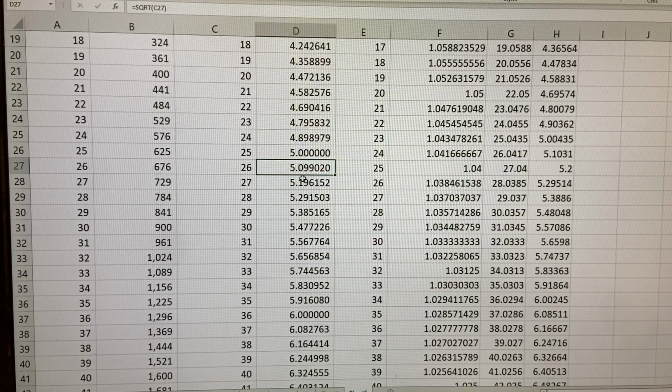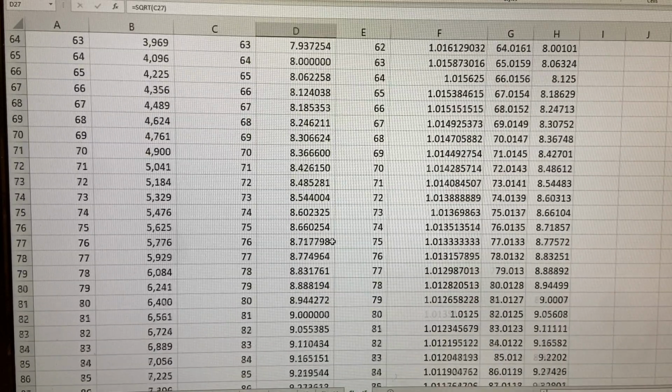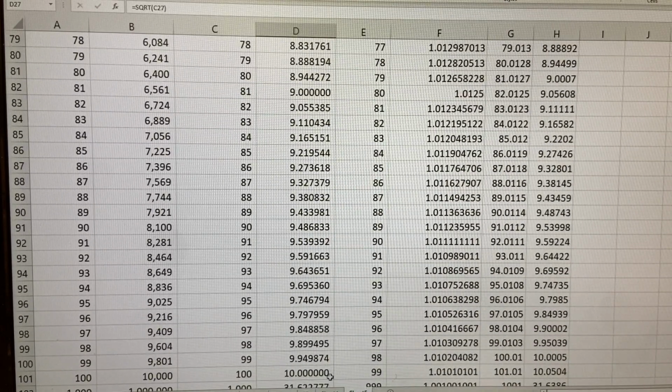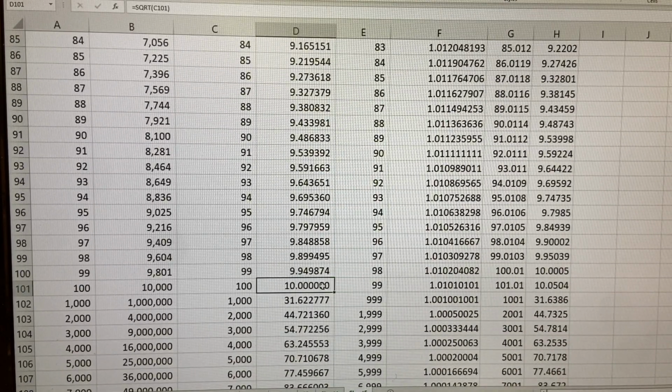We'll call it 5.1, okay, by the time I get down to element 26. And if I get down to say line 100, you can see that we have here standard deviation of 10 and we have here 10.05. So initially, I know I said Bessel's formula only makes a 1% difference there, but once that 1% is square rooted, it's even less than that.